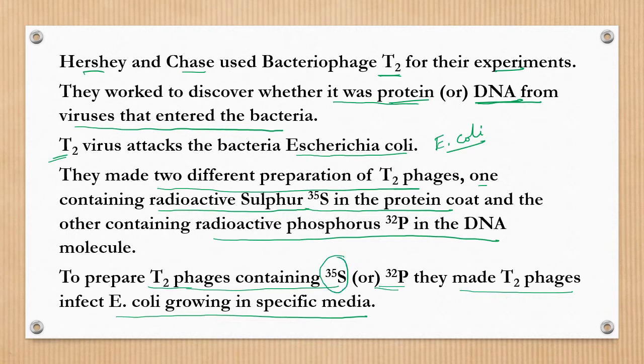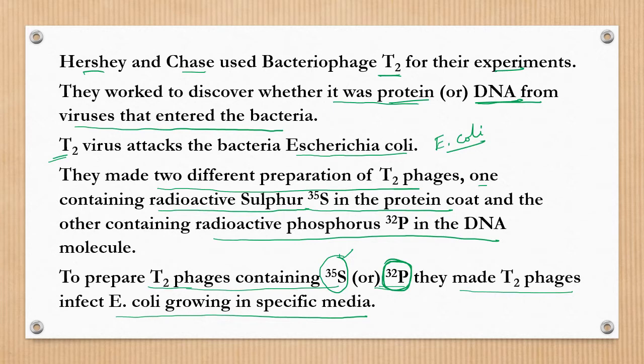Then all the bacteriophages' protein coats contain the radioactive sulfur. And some of the bacteriophages infect Escherichia coli growing in radioactive phosphorus medium. In those bacteriophages, the radioactive phosphorus is present in the DNA.